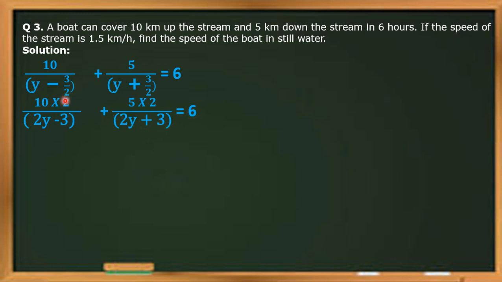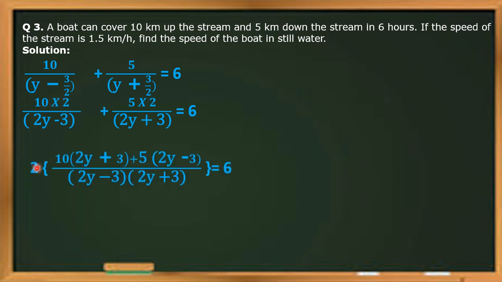Now observe that 2 is common in both the terms, so we can take 2 common. After taking 2 common, the LCM of the two terms is 2y minus 3 and 2y plus 3.